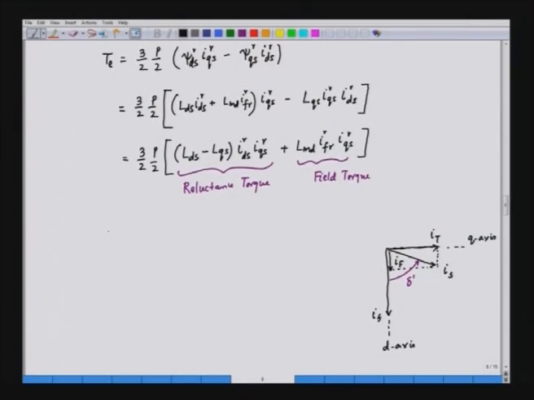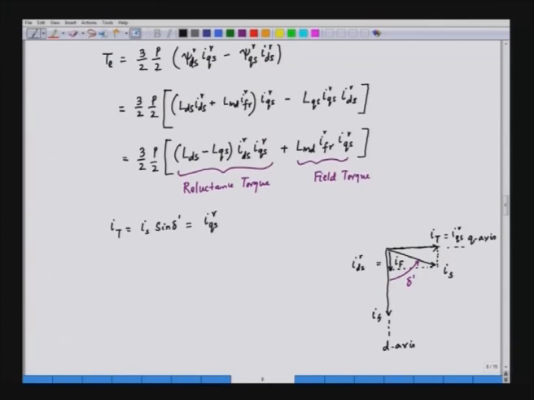So, what we can do here is say that It is equal to Is into sine of delta prime, and that is also equal to Iqs in the rotor reference frame, because this is the q axis component of the current. And we can also write that If is the same as Ids, the d axis component of the stator current.